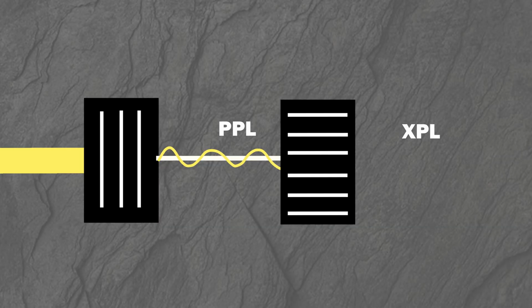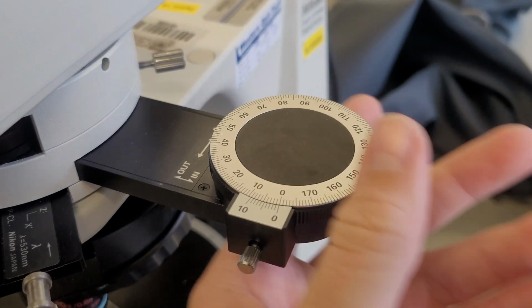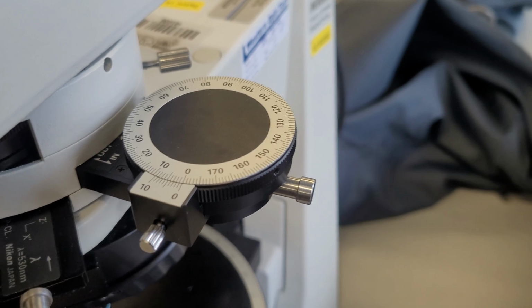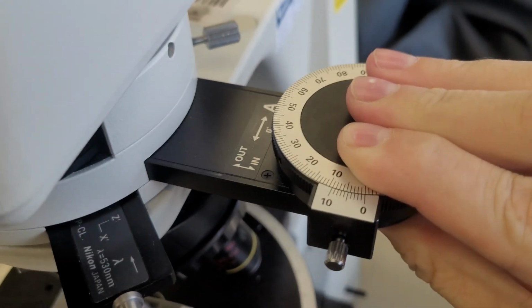The key takeaway from this is if two polarizers are perpendicular, no light comes through the second. In the petrographic microscope, the bottom polarizer vibrates east to west and is always inserted, while the top polarizer, known as the analyzer, can be removed to produce PPL or inserted to produce cross-polarized light, also known as XPL.